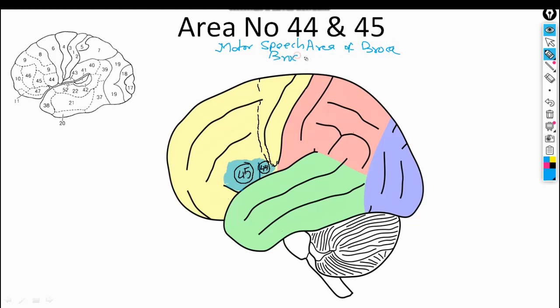This is an important area for viva, for examination, for MCQ. You can see here area 44 and 45. This area is for vocalization. Vocalization means right now what I am speaking is because of area 44 and 45.